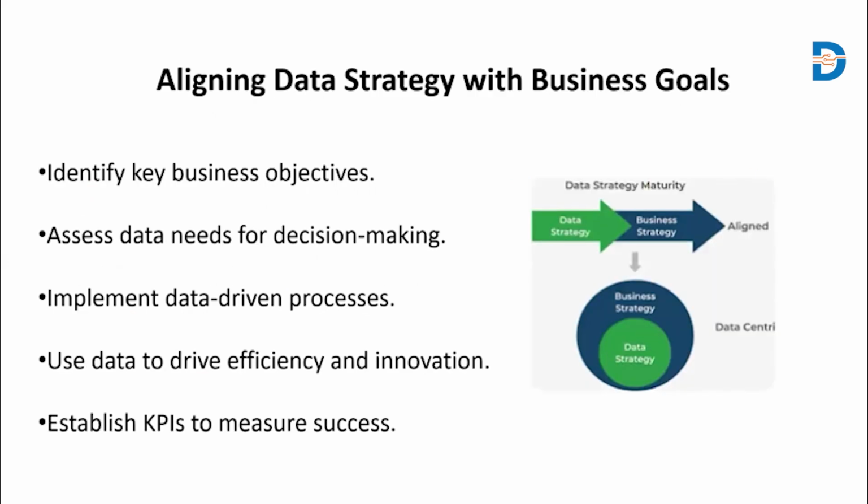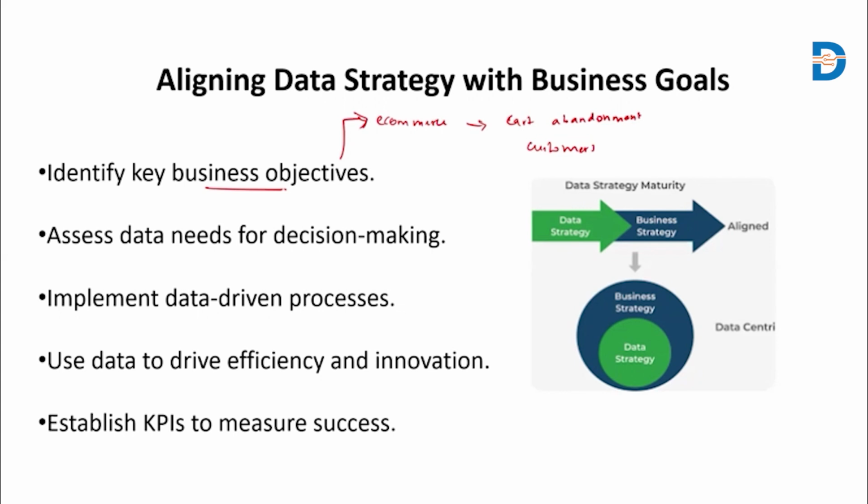Next is aligning the data strategies with business goals. Let's say we are running an e-commerce business. Our goal is to reduce cart abandonment. This is a business objective: you want to find the reason behind the cart abandonment.